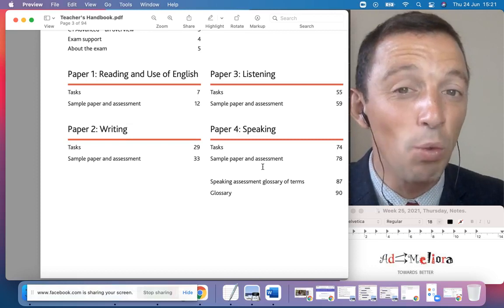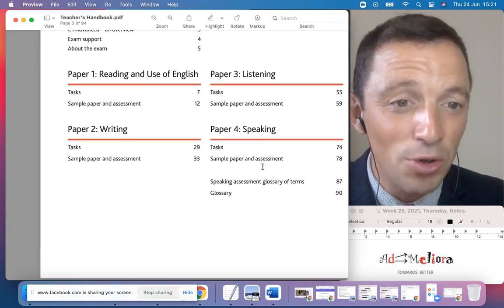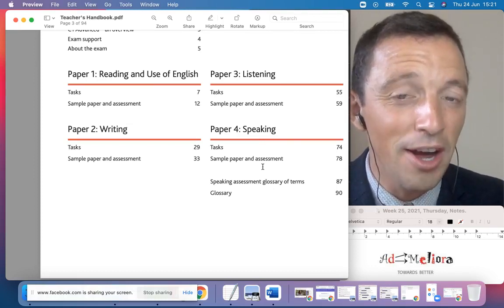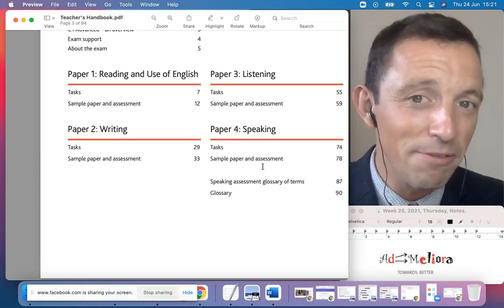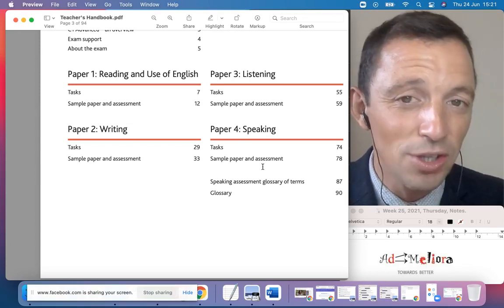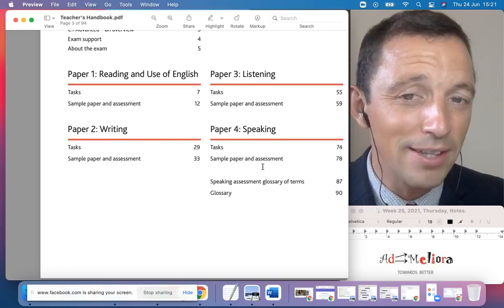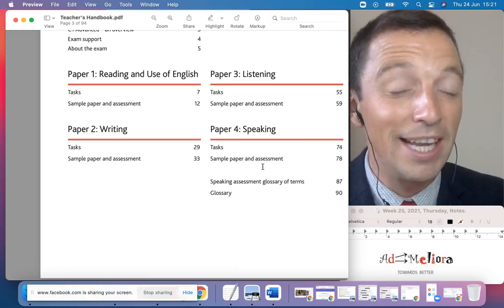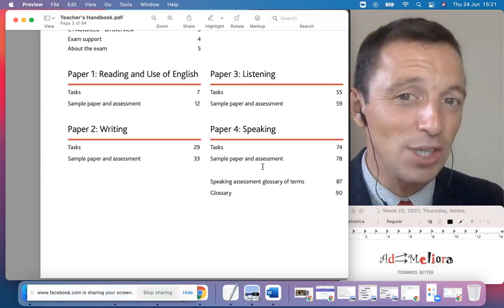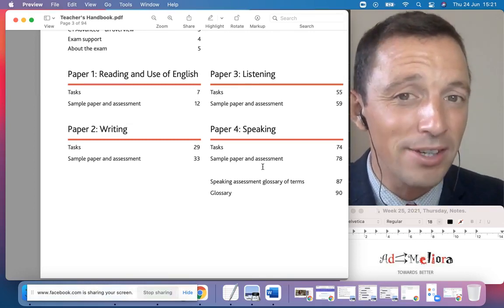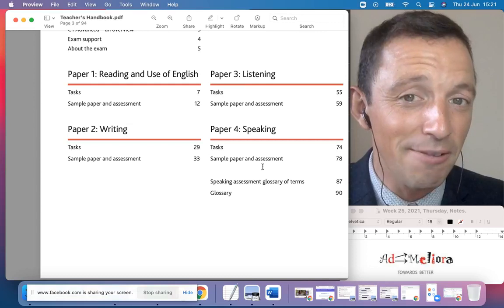You only have maybe 1 minute to give a good answer with that structure of comparison, similarities, differences, speculation in relation to the questions. That is the picture part, speaking part 2, and it's 1 minute. Then you have an extra 30-second question about your partner's pictures and vice versa.